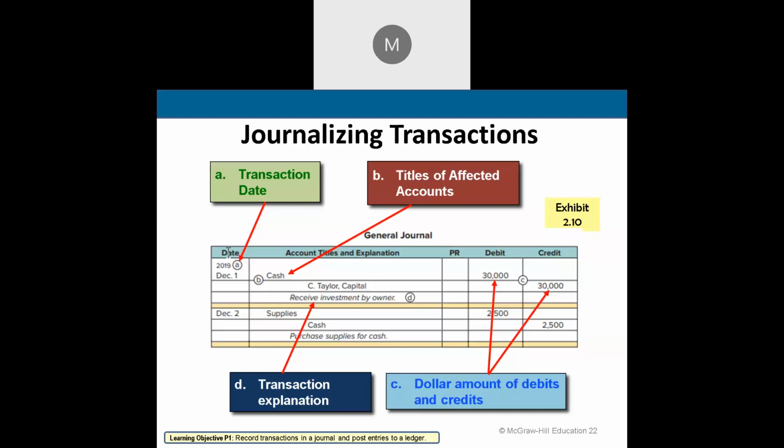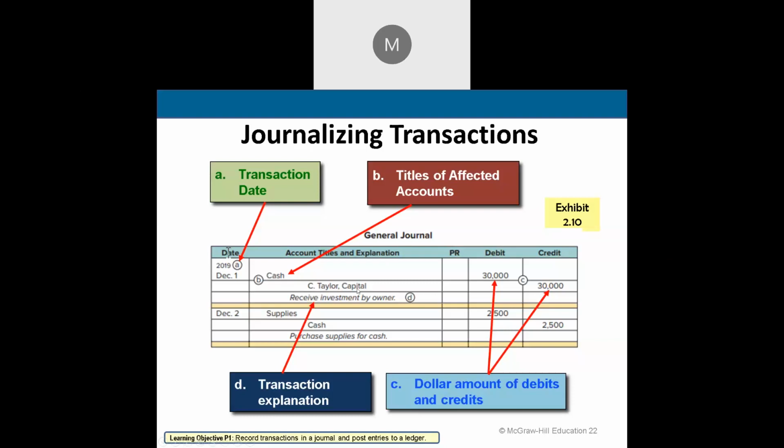Here's the transaction. On December 1, 2019, the business began. It's a brand new business. How do we start a brand new business? The owner injects cash into the business. So we debit cash to increase our cash. That's this first part here. And then we credit paid-in capital.